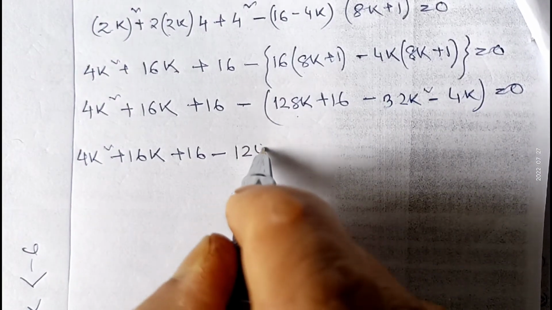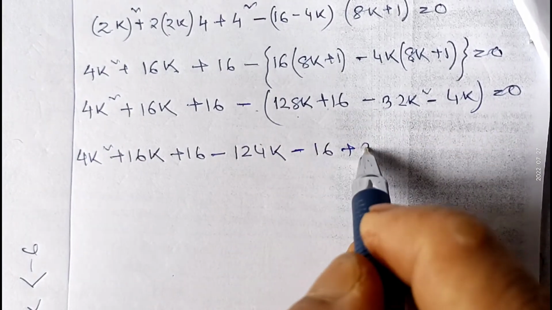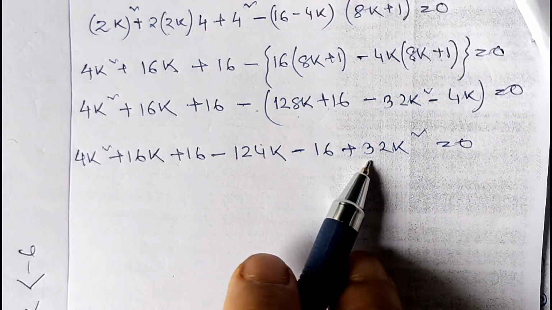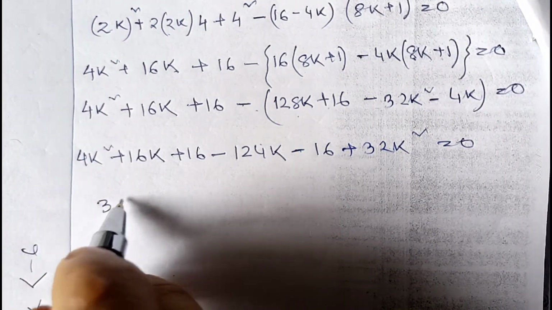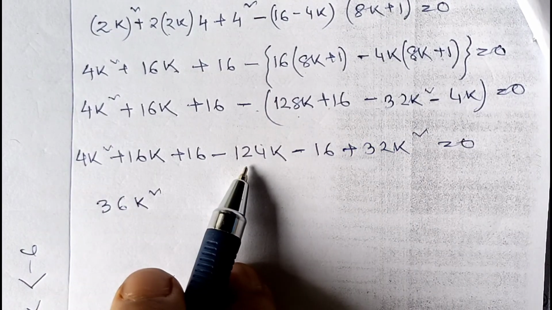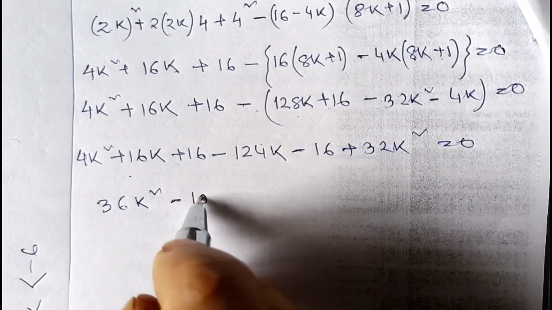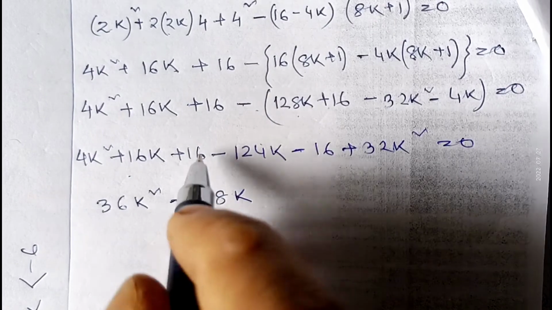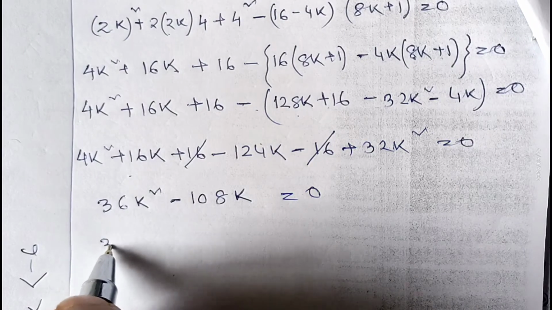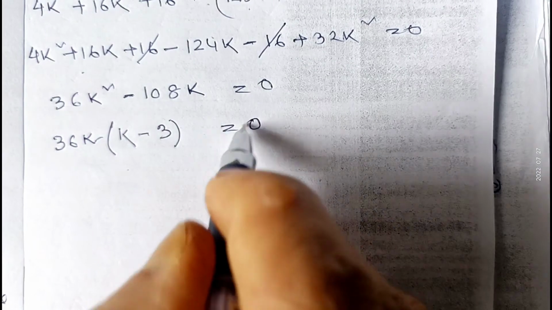So minus 124k, and 16 minus 16 cancels, plus 32k square equals 0. Now 32k square plus 4k square will be 36k square. 16k and here it is 124k, from these two I get minus 108k. So 36k square minus 108k equals 0. From here 36k can be taken common, so 36k into (k minus 3) equals 0.